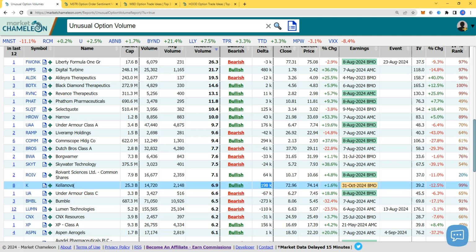If you don't have the information here that Kellanova traded options 7 times more than usual, that's why I'm a premium member of Market Chameleon, and you should too. For this information, now net delta is over almost 200,000.